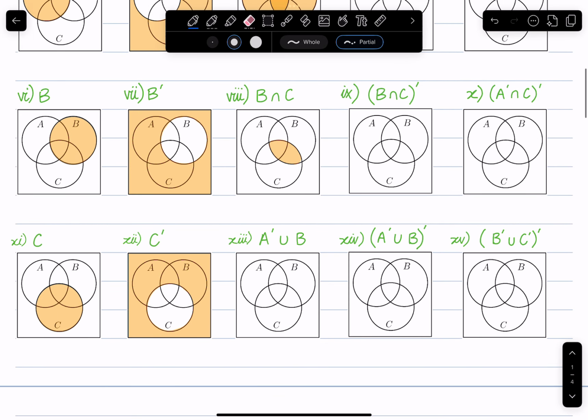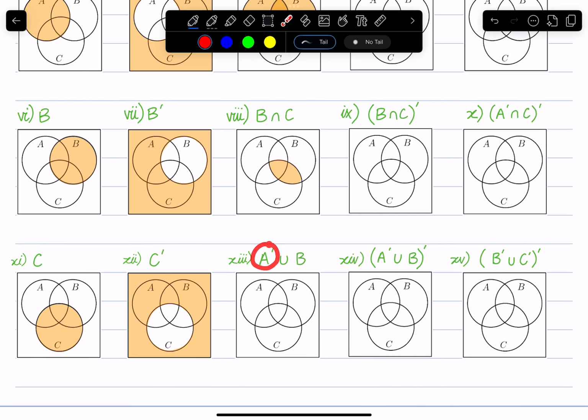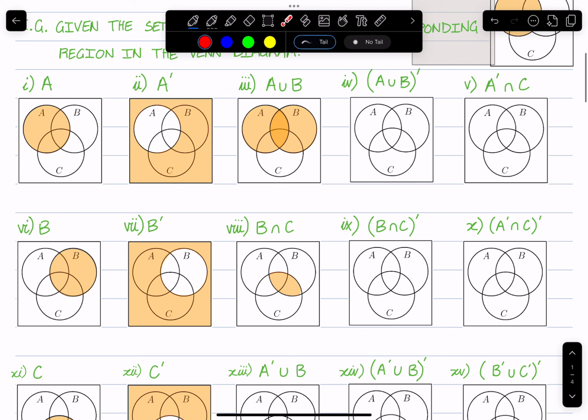And now here's where it gets rather interesting. It is not A or B. Remember, for this, with unions, we look at everything in not A and combine it with everything in B. So take a look.